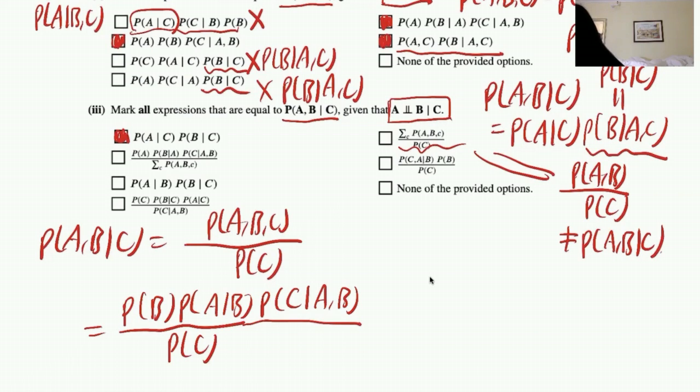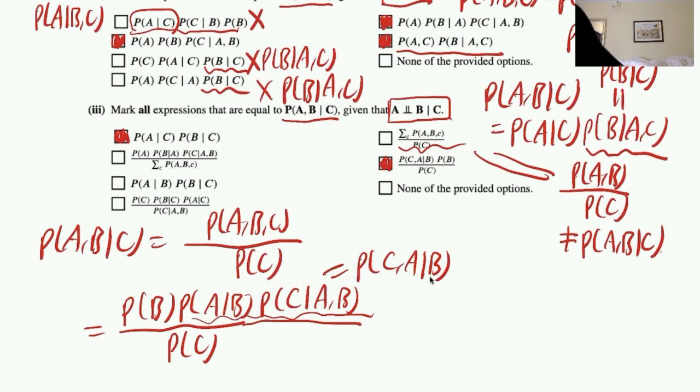So the last two terms are equal to the probability of CA given B. So the fourth choice is correct.